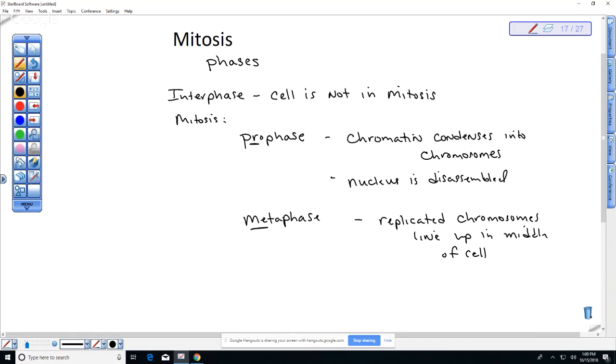Now, what is causing them to line up is the cytoskeleton. Remember, we talked about the cytoskeleton, made of proteins, that helps to transport substances. So the cytoskeleton helps to line them up, and it attaches via spindle fibers to the centromere.